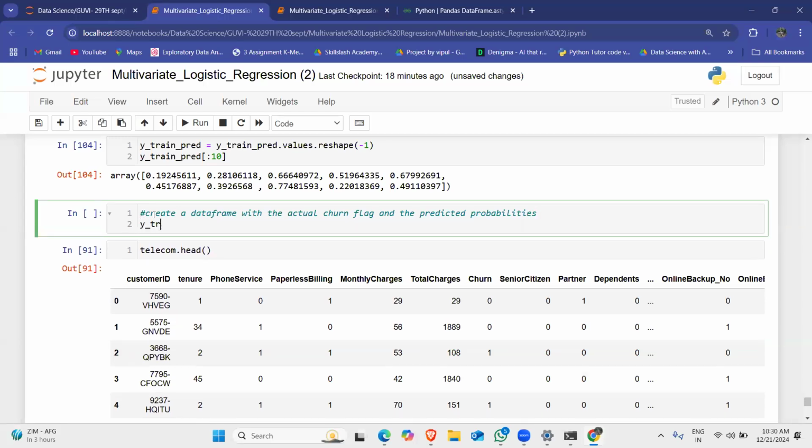So we'll write y_train_pred_final is equal to pd.DataFrame. We are creating a column Churn.